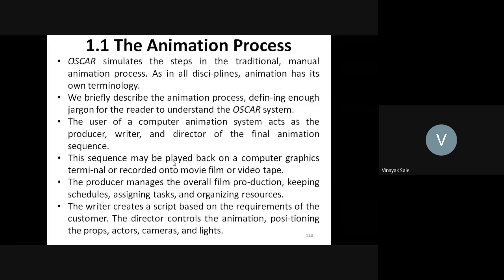This sequence may be played back on a computer graphics terminal or recorded onto movie film or videotape. The producer manages the overall film production, keeping schedules, assigning tasks, and organizing resources. The writer creates scripts based on the requirements of the customer. The director controls the animation, positioning the props, actors, cameras, and lights.